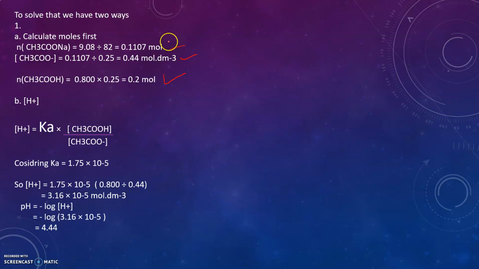Then you calculate the concentration. Ka equals the concentration of the products divided by the concentration of reactants. If we consider the Ka as 1.75 times 10 to the power of minus 5, just substitute, and you have your answer. This is the pH.